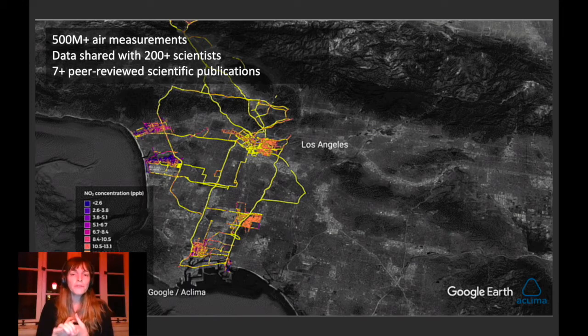One, it proved that it was possible to use mobile mapping to create a street-by-street hyperlocal map of annual average concentration of air pollution, by conducting repeated drive passes throughout the year. Number two, it showed that air pollution did vary block by block or street by street, sometimes up to 5 to 8 times within a city block.